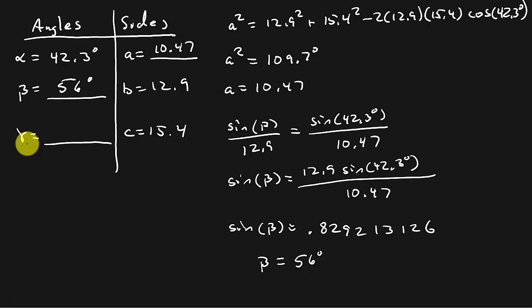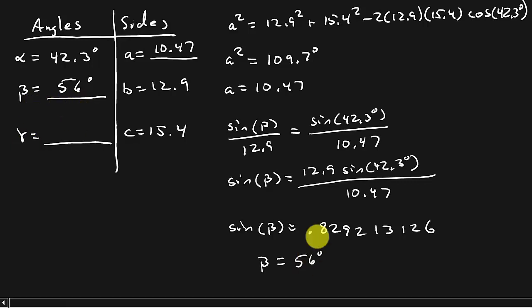It might be between 90 and 180. But if I solve for beta first, I know when I go through this law of sines and take the inverse sine, I'm going to get an angle in the first quadrant. And I know beta is in the first quadrant because it's not the largest angle.